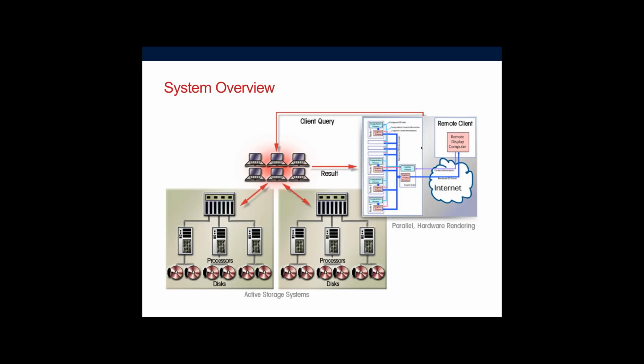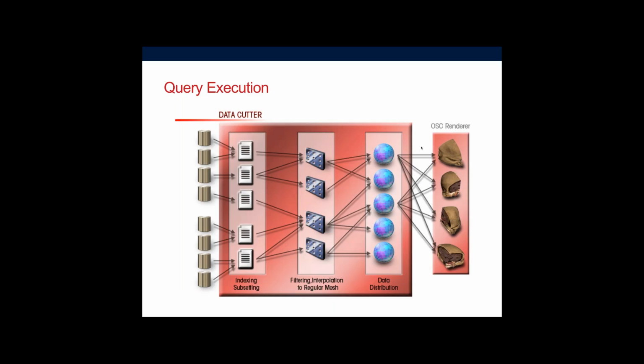So instead, what you should be doing is look at what the user wants to visualize, extract that data from the storage, and pass that to your rendering servers. Once they have rendered, then you can get to the client. So basically, the point here is that instead of moving the data to computation, you should really move the computation to data.